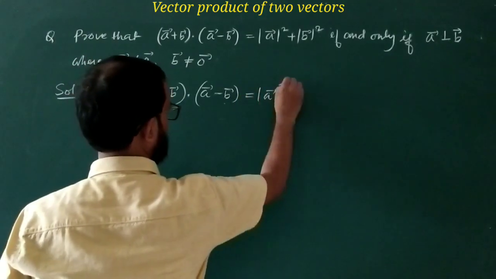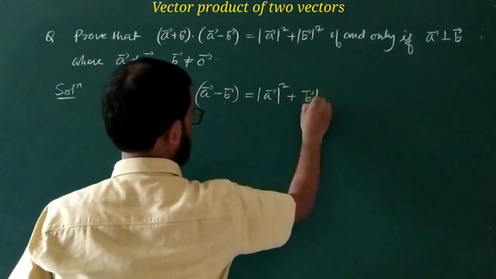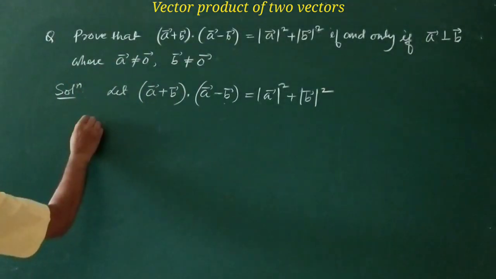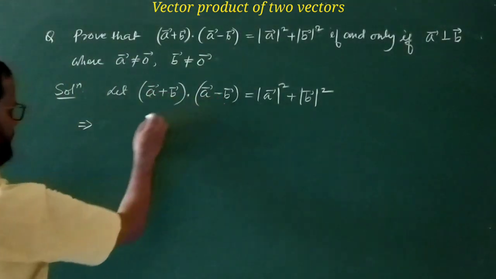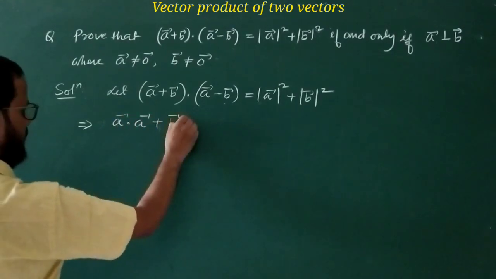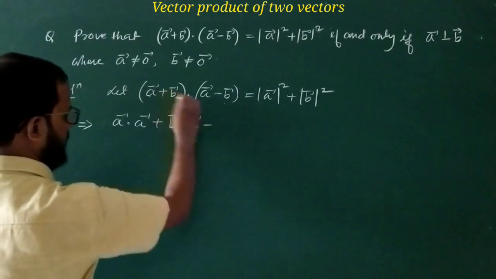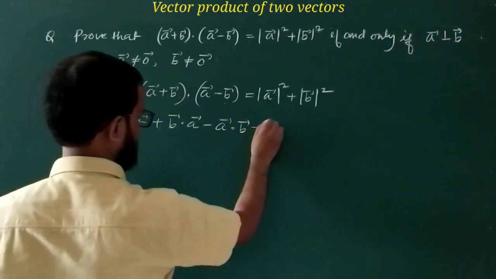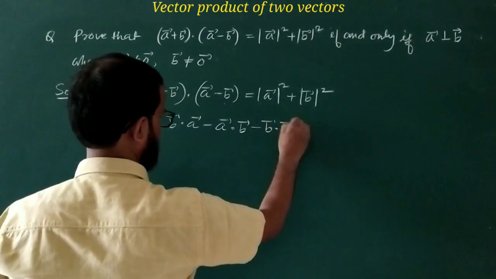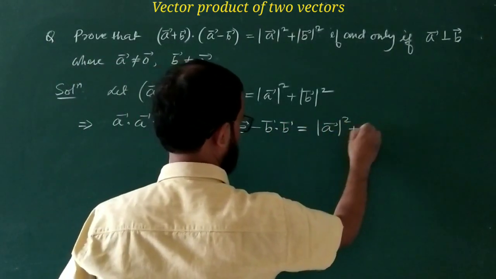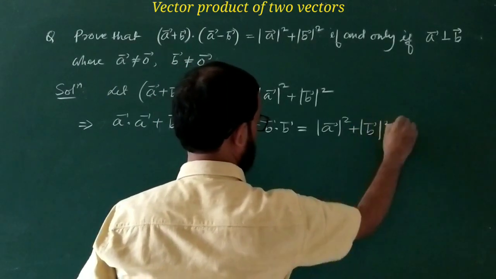Magnitude of A whole square plus magnitude of B whole square. Okay. And then normal dot product multiplication कीजिए A dot A plus B dot A minus A dot B minus B dot B, and right hand side is magnitude of A whole square plus magnitude of B whole square.